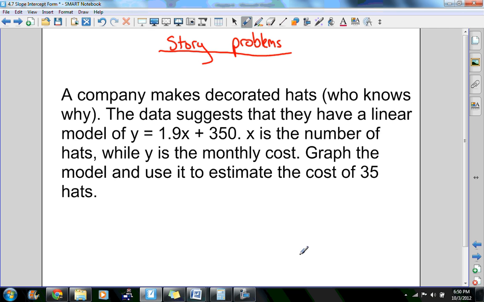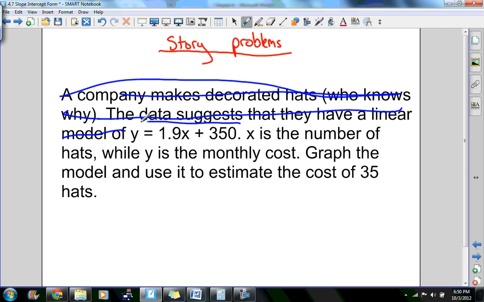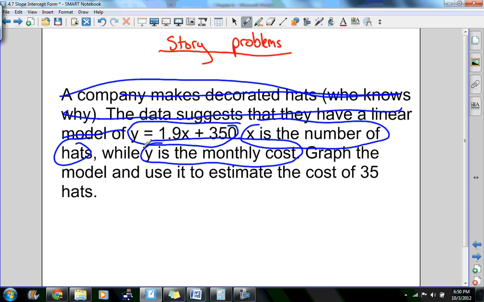The way we do that is we take out all the non-important information. We don't care about that. We don't care about that. But we do care about our equation, and we do care that x is the number of hats, and y is the monthly cost. So x is hats, and we want to know 35 of them. So we take our equation, y equals 1.9 times our 35.